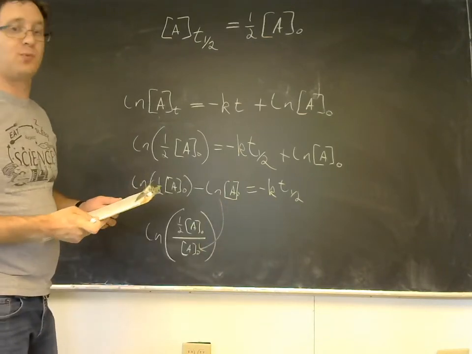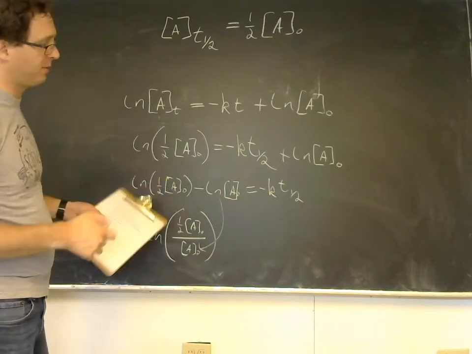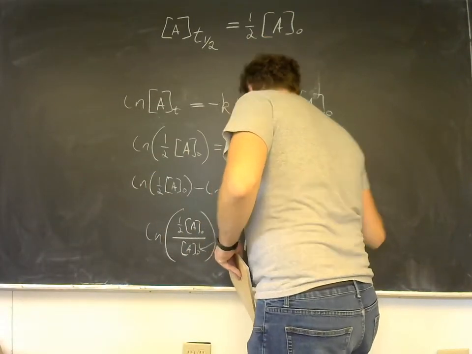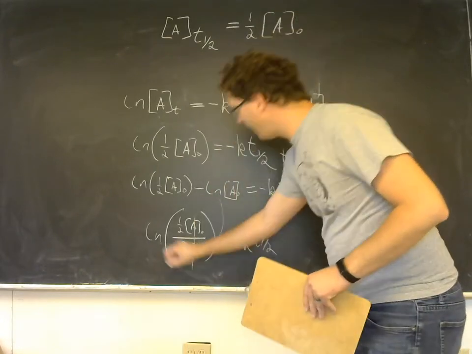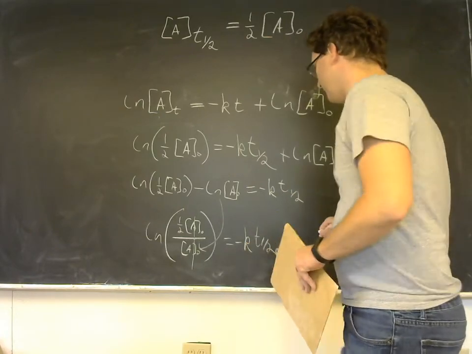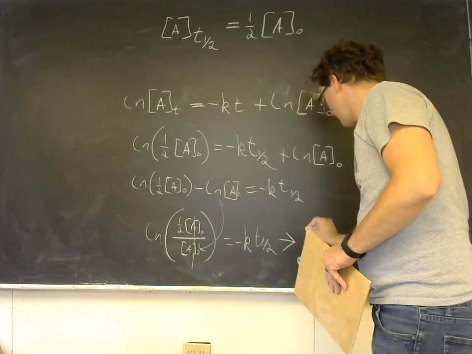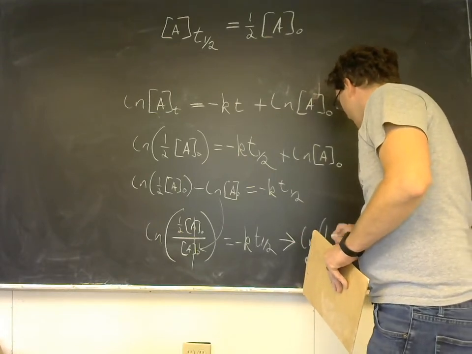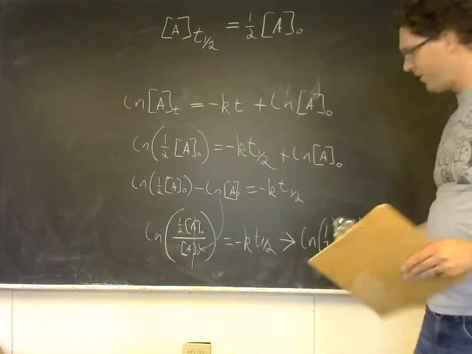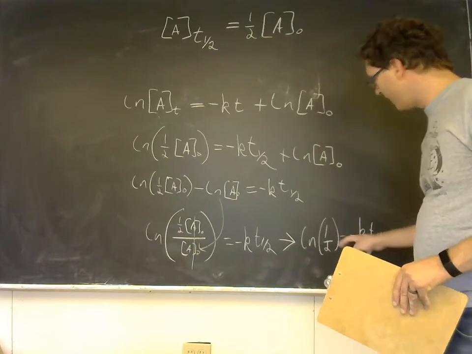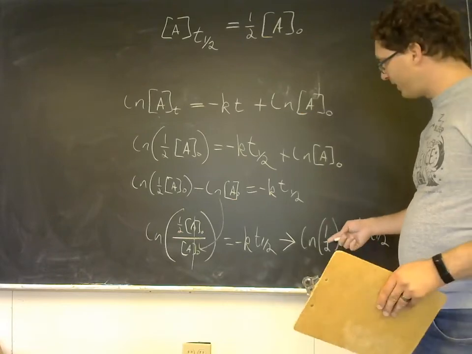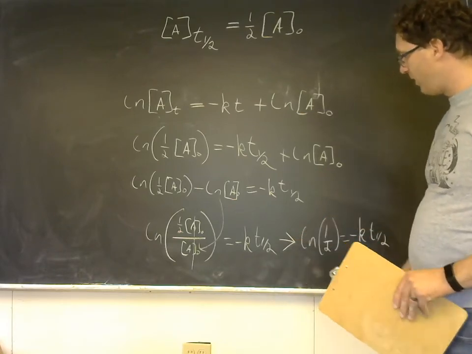That's actually what makes natural logs really useful: properties like this. That's equal to negative k times t1/2. Okay, and these obviously cancel out, and so we get natural log of 1/2 is equal to negative k t1/2. Another great property of logs is that I can flip the numerator and denominator here and just put a negative out in front instead.